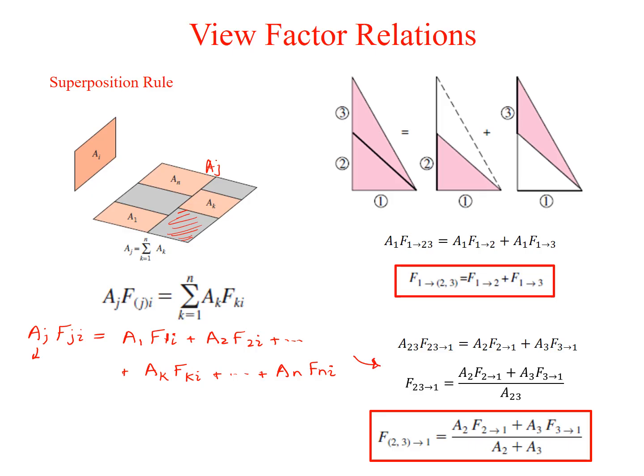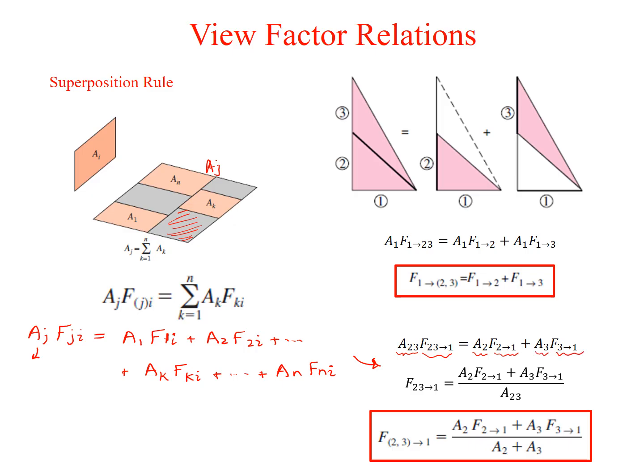So we have the three triangles. On the left-hand side, the left triangle has area 1 on the bottom and then 2 and 3 on the vertical side. Using the superposition rule, you can write F23 to 1, the sum of all those little areas together, multiplied by the area A23, is equal to, now breaking down into the little areas, A2 F21 plus A3 F31.